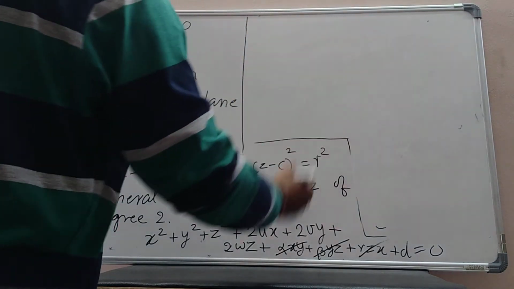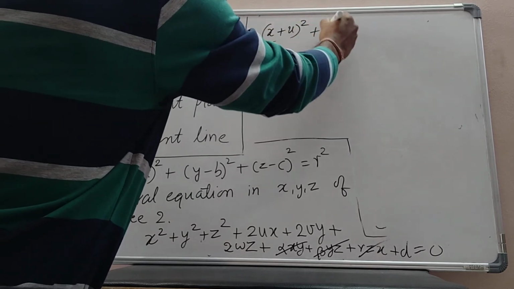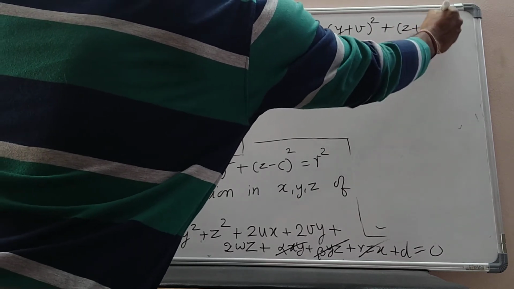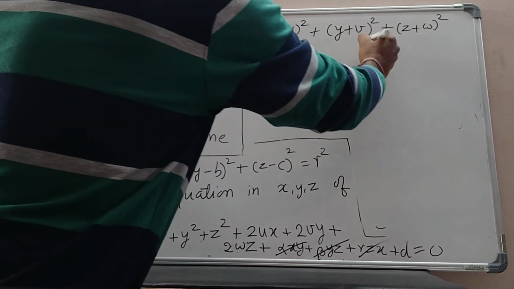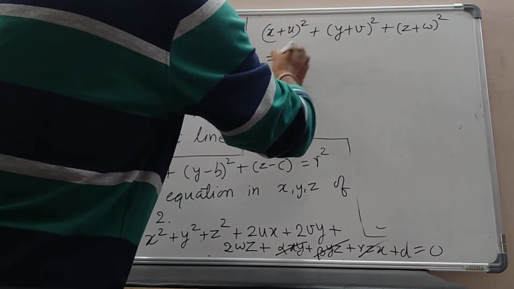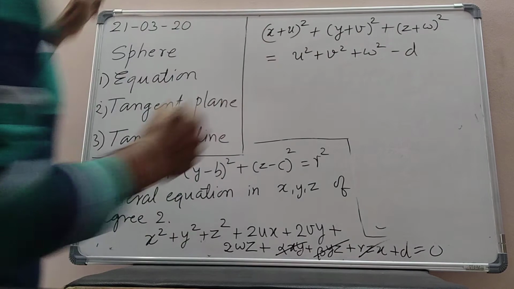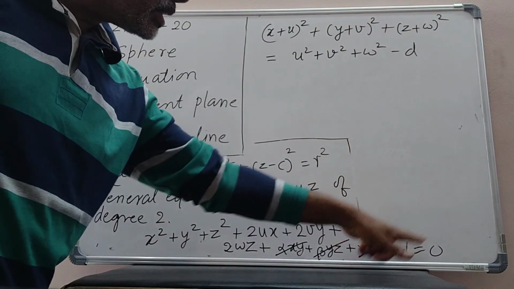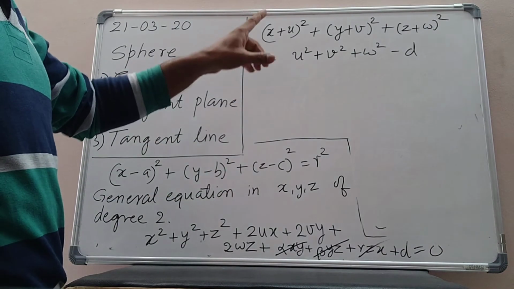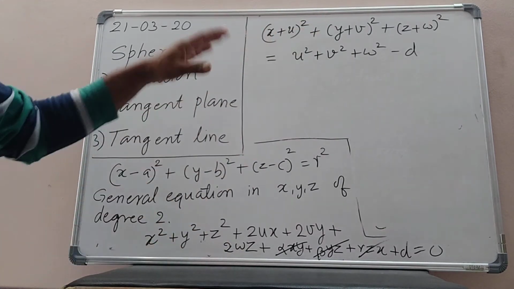So what I have is (x plus u) square plus (y plus v) square plus (z plus w) square equal to u square plus v square plus w square minus d. What I've done is I've taken this d on the other side and added u square, v square and w square on both sides and completed the square. You can just check that.